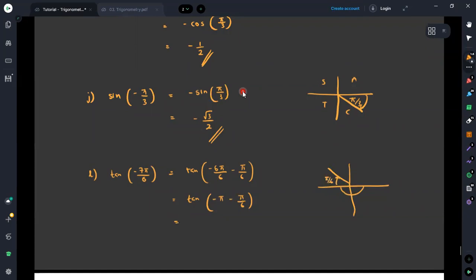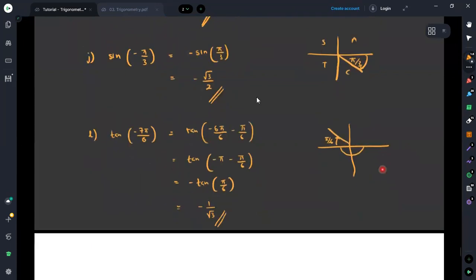Therefore, it is in the second quadrant, where only the sine is positive, so tan should have a negative value. Then this is equal to minus tan 5 over 6. The value of tan 5 over 6 is 1 over root 3. Therefore, this is equal to minus 1 over root 3.